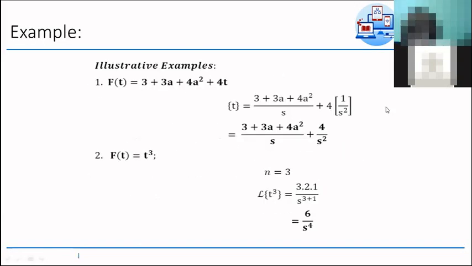Okay, next we have your illustrative example. The function of t is equal to 3 plus 3a plus 4a squared plus 4t. A is a variable. By this time, we're going to transform the function of t in terms of the function of s. On the left side, we have your t, and on the right side, your s.